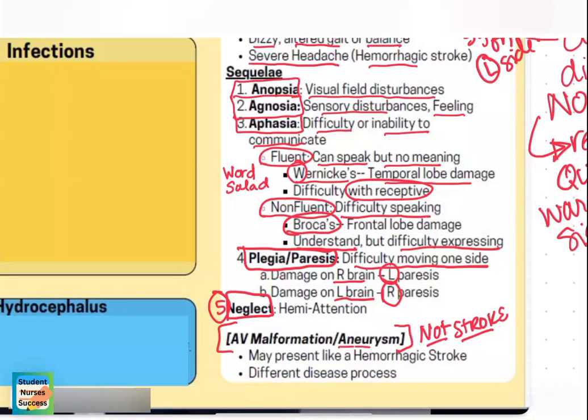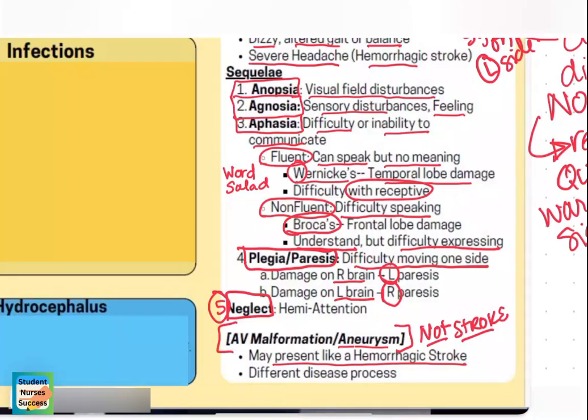Or if you have an aneurysm in your brain that starts to leak and bleed, these are not strokes. However, they have symptoms and may present very much like a hemorrhagic stroke, but it is a different disease process that is causing them.